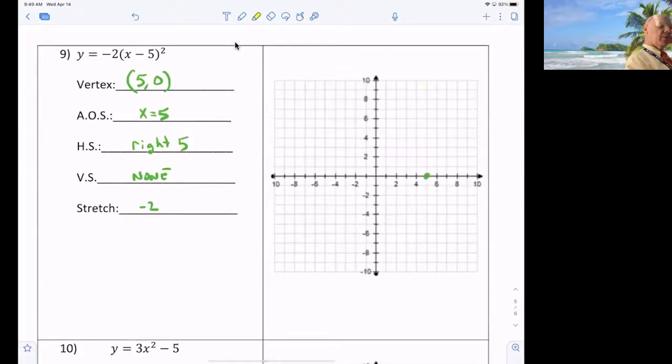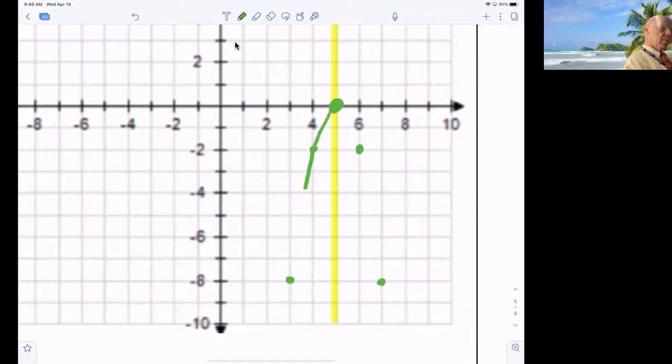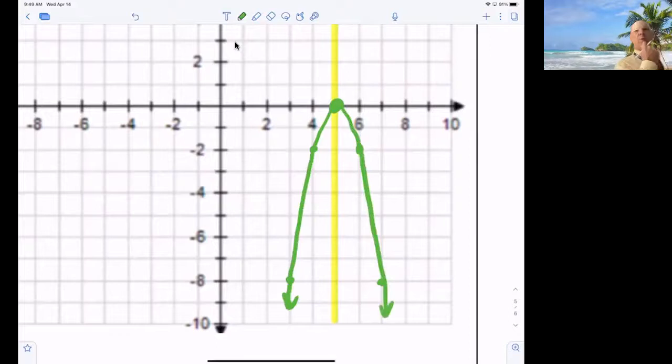Graph the axis of symmetry. Over 1, what? Over 1, down 2. Over 2, down 8. Beautiful, beautiful, beautiful.